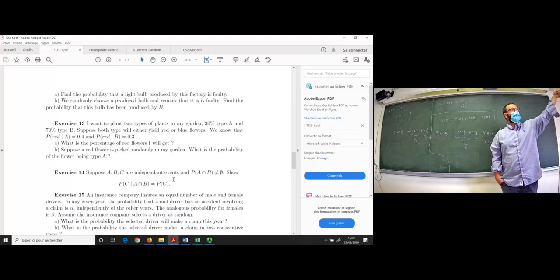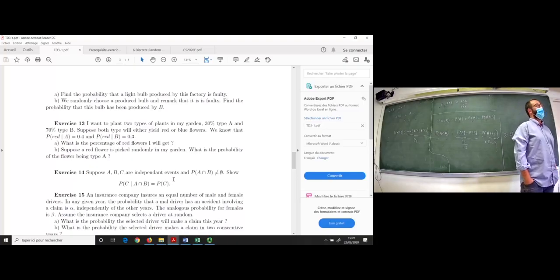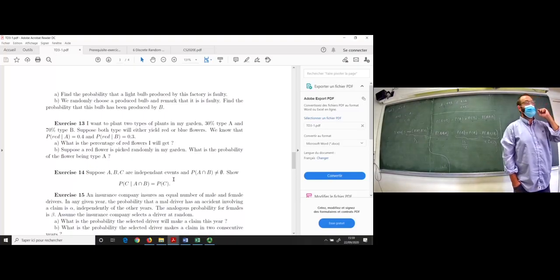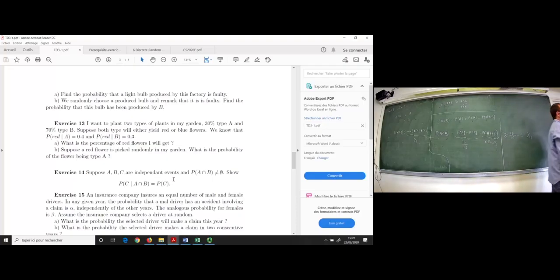Two words, if you have understood this exercise. For the first question, one proposition of the course, which one? When you see this, it is not the sum of probabilities, because we work with conditional probability. We won't have disjoint sets here.